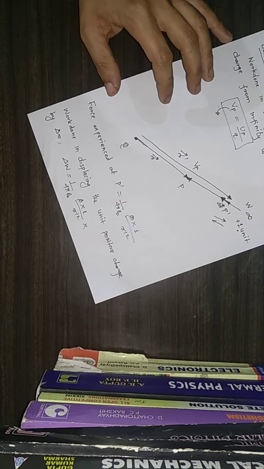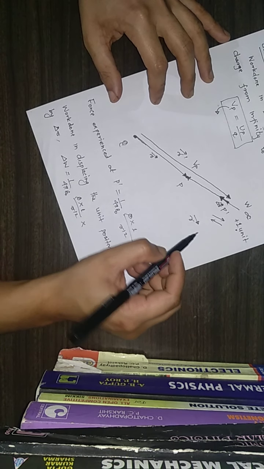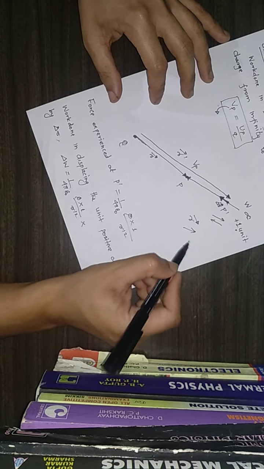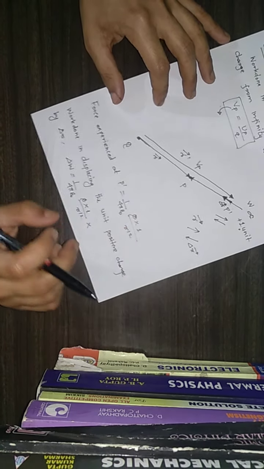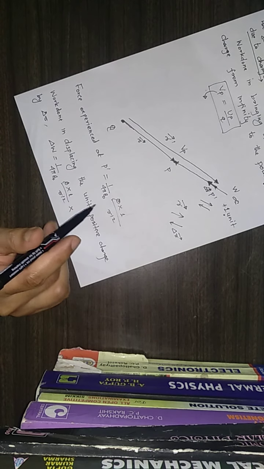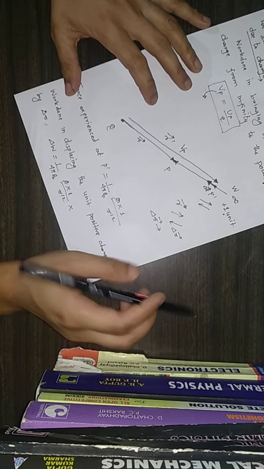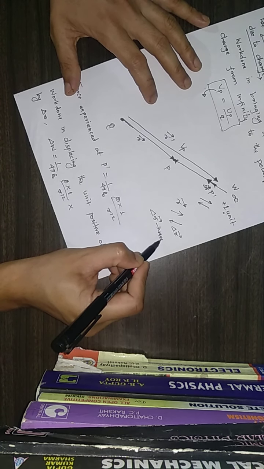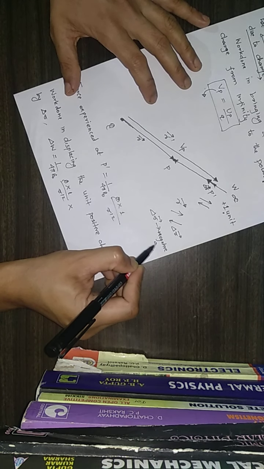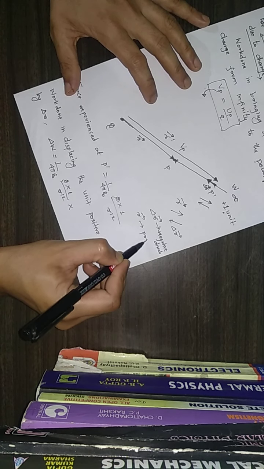If you look very carefully here, our r vector is directed towards this direction, but our del r vector is directed towards this direction. So directionally they are opposite to one another. That means del r actually has a negative direction if the r vector has a positive direction.